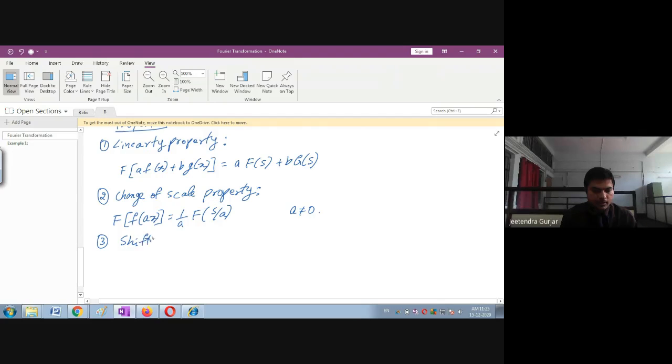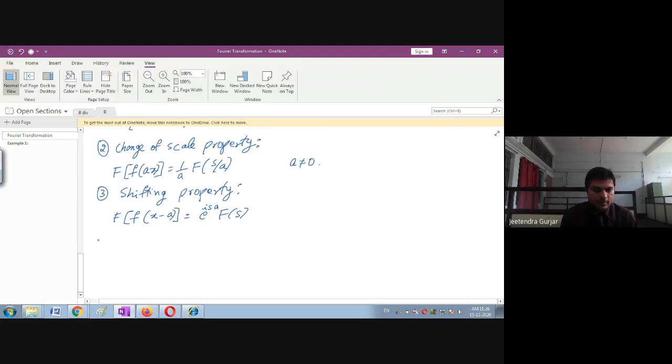Next one is also very, very important, that is the shifting property. What it says, if the function is given in the form of f of x minus a, we can write this as e raised to i s a F of s. Is it clear? The fourth one is the modulation property.